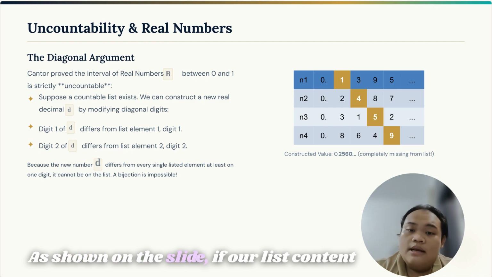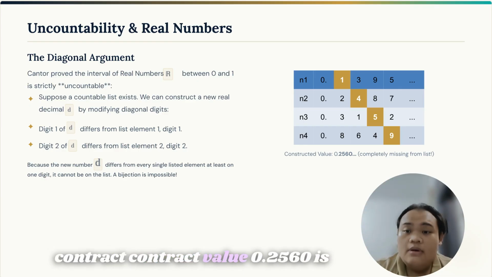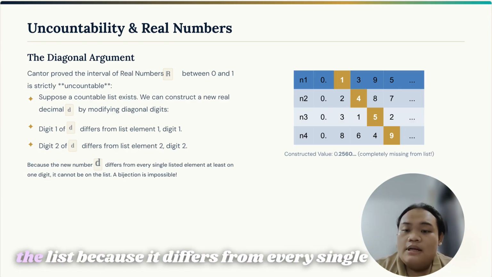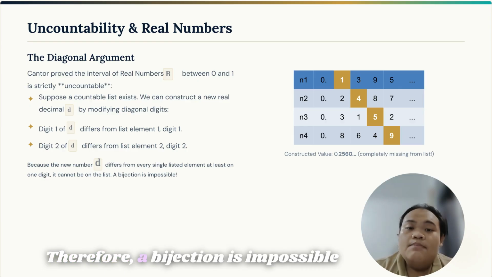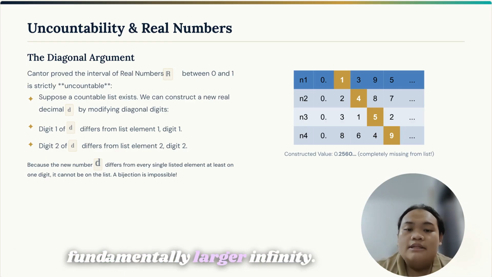As shown on the slide, if our list contains values like 0.1395 and 0.2487, our constructed value 0.2560 is guaranteed to be completely missing from the list because it differs from every single entry by at least one digit. Therefore, a bijection is impossible, proving that the real numbers represent a fundamentally larger infinity.